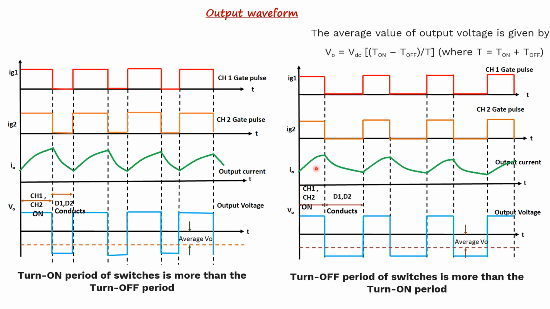And the output current gradually increases to the maximum value due to the presence of the inductance. Whereas during the turn off period, the output voltage V0 becomes negative and the output current gradually decreases due to the discharge of the inductor. So during the turn off period of the switch, the source current, that is IDC, becomes negative, which represents that the current is flowing from load to the source.